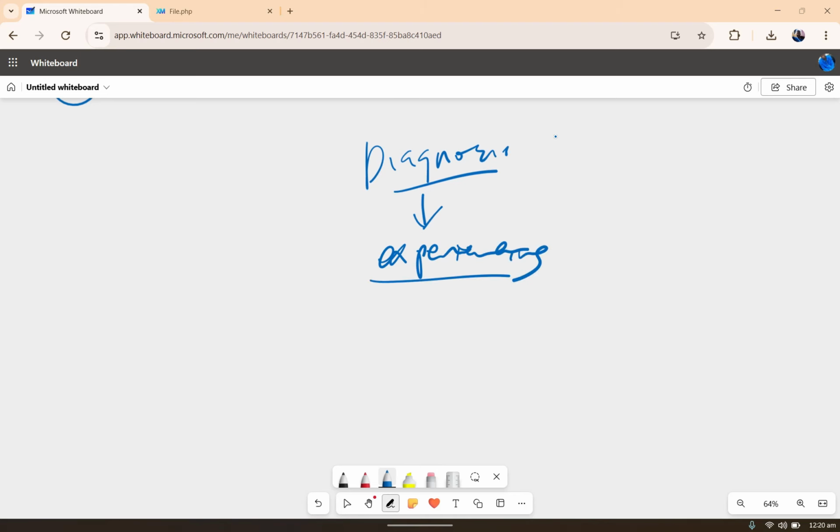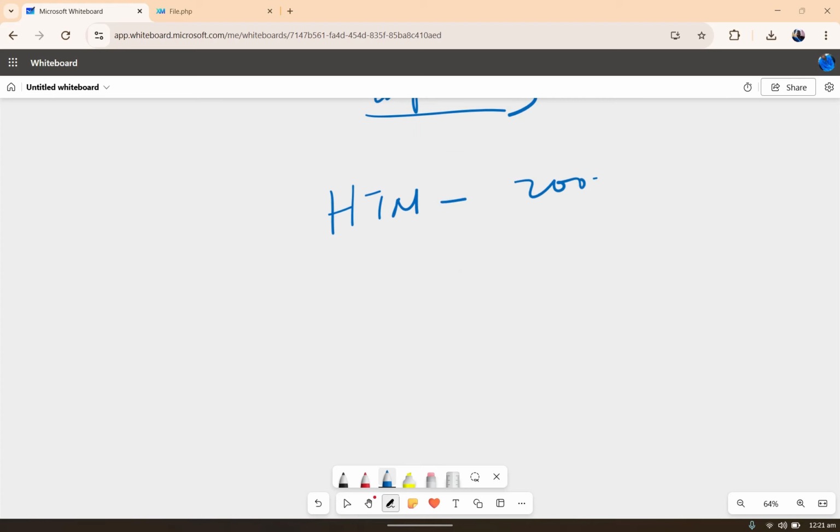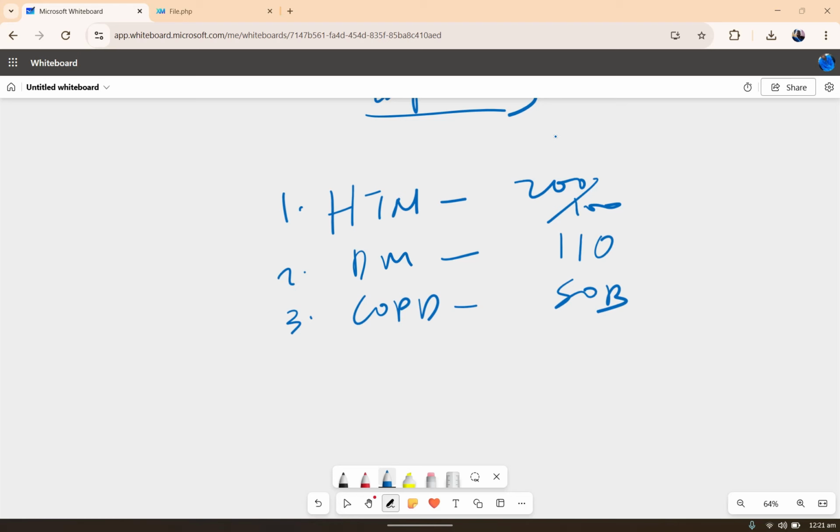The NCLEX can say, oh, the patient has hypertension, 200 over 100, client 1, client 2, diabetes, blood sugar level is 110, right? COPD, shortness of breath, and let's say asthma, 90% oxygen, right? The NCLEX doesn't want you to prioritize based on the diagnosis.